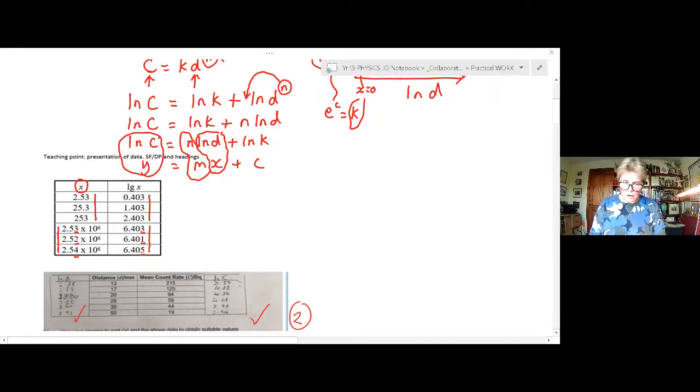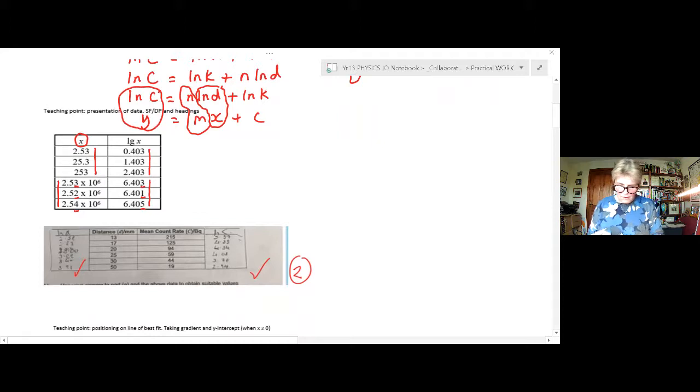Now it should go row by row, but I know that WJC sometimes likes it a little bit more uniform. So here a candidate has got 2 significant figures here. They've logged the quantity, and quite rightly they have ignored any unit in the log quantities, because a log quantity doesn't itself have a unit.